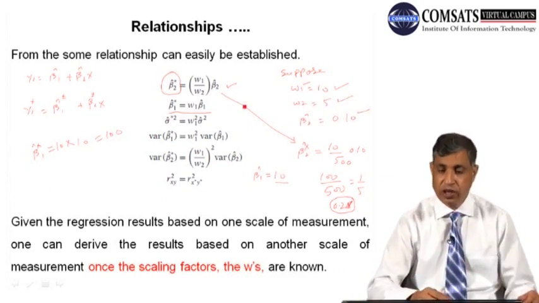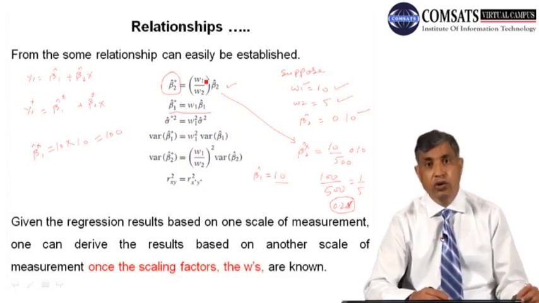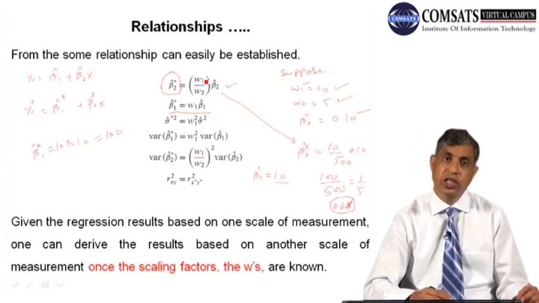For example, if you want to find the value of beta 2 hat and you are given the values of W1, W2 and beta 2 hat star, I will just reverse this, and I leave all the others to you as your responsibility.